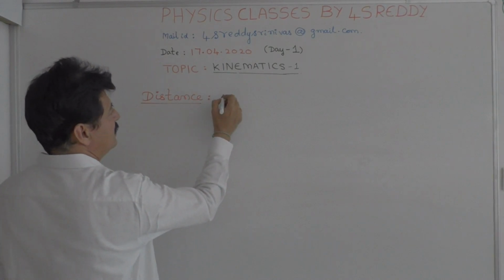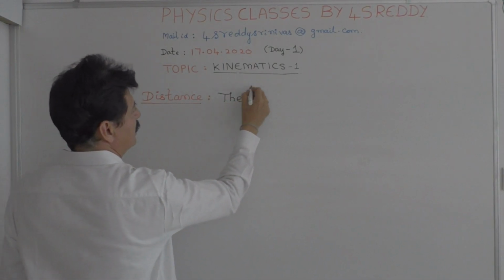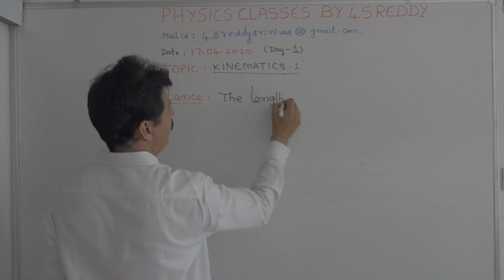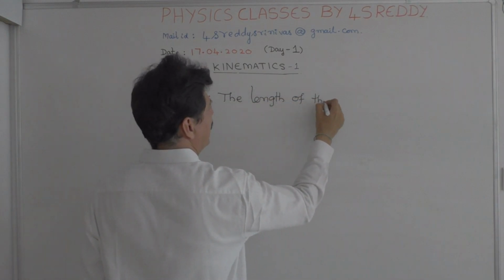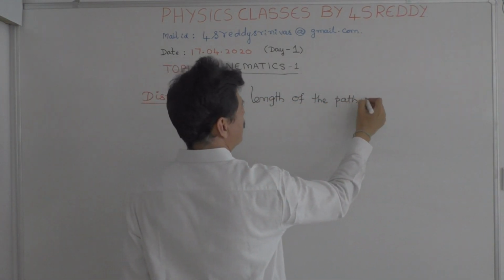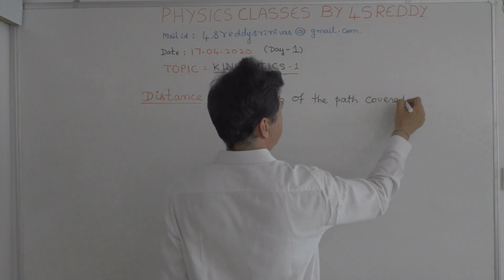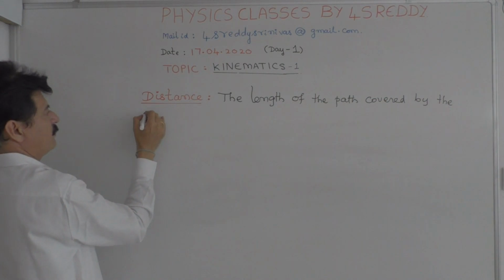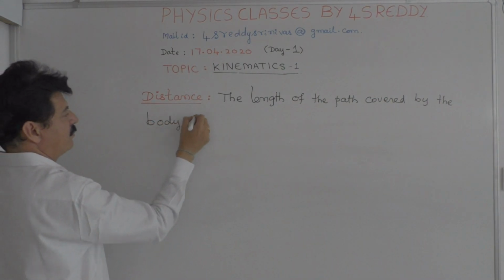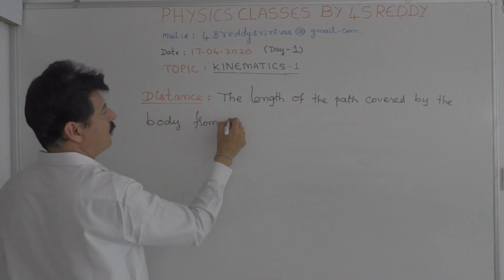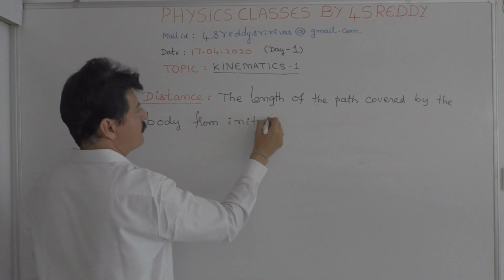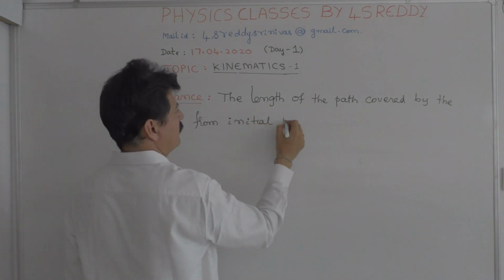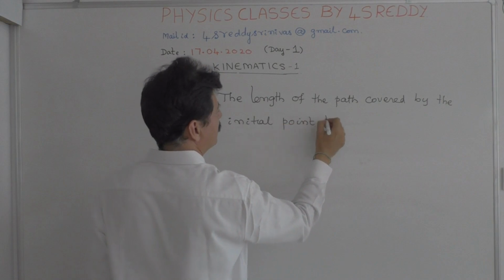Here, distance means the length of the path covered by the body from the initial point to the final point.